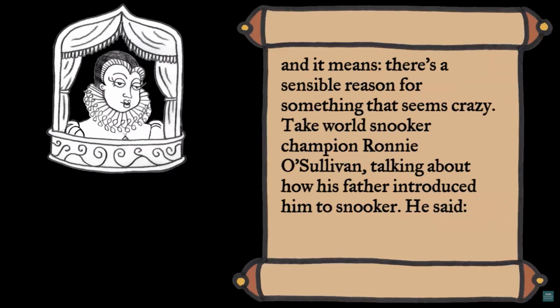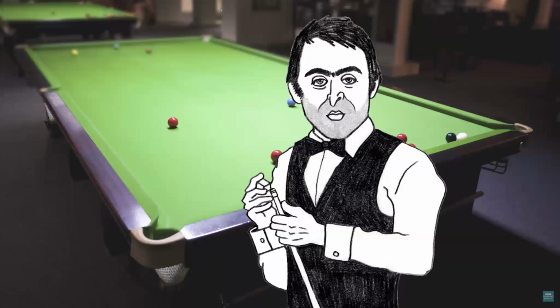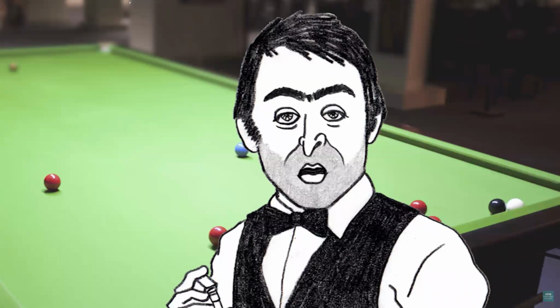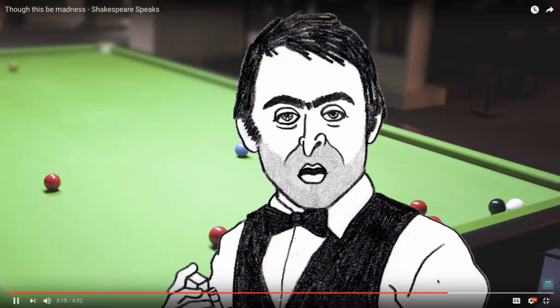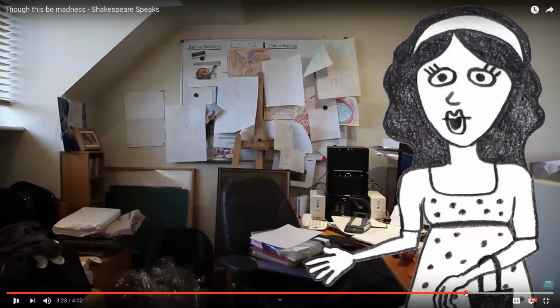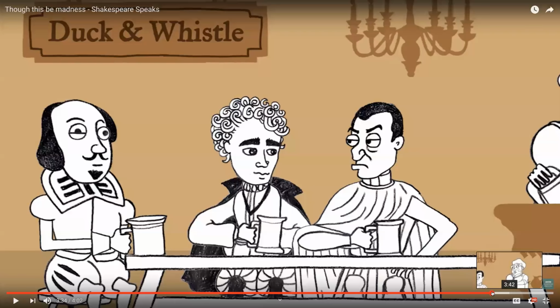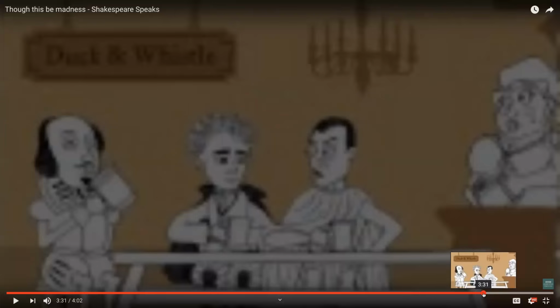Take world snooker champion Ronnie O'Sullivan, talking about how his father introduced him to snooker. He said, my dad's method in his madness was to try every sport and then observe what I liked. I played football, tennis, golf, cricket, but I love my snooker. She knows where everything is. Pretending Hamlet is.